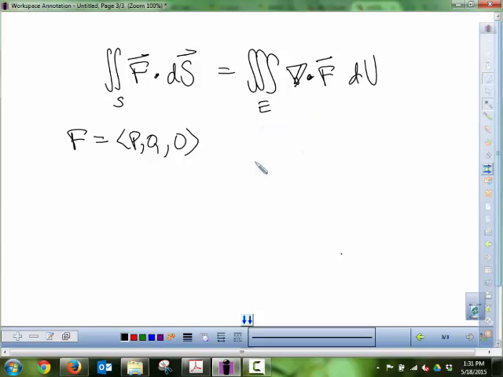The div, what happens to the div? It's just going to be dP/dx plus dQ/dy, and 0 because there's nothing in the z component, right?